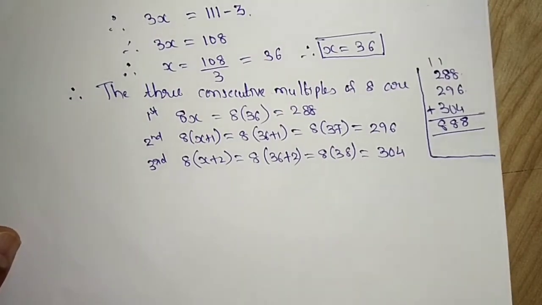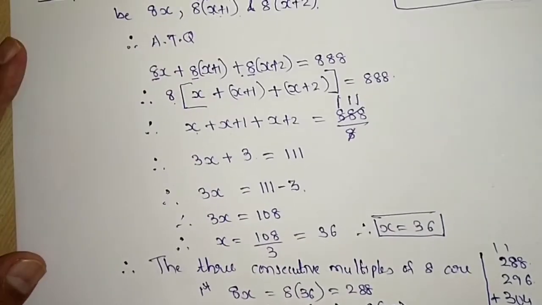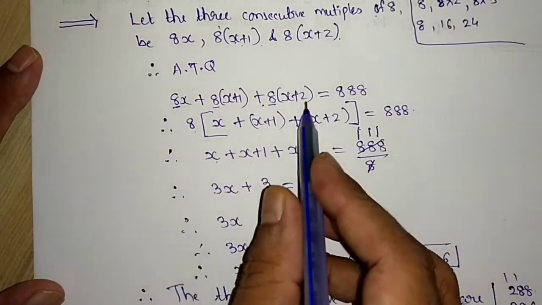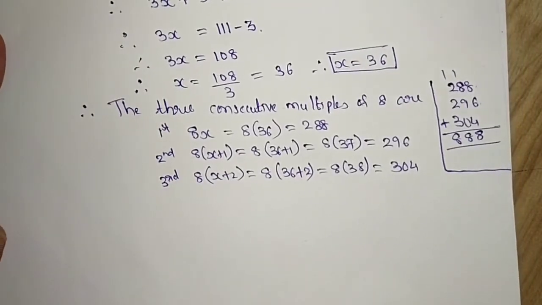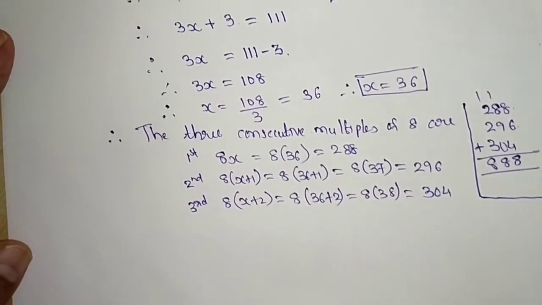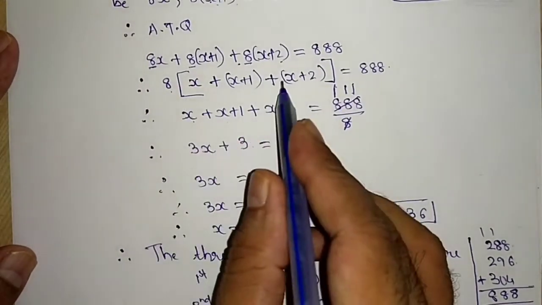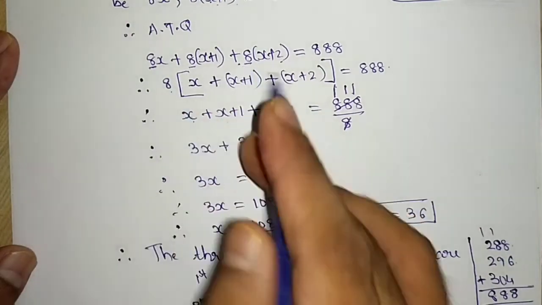What they have told us is that if you add them you will get 888, and our answer is 888.